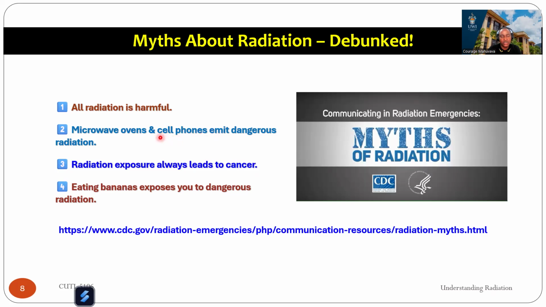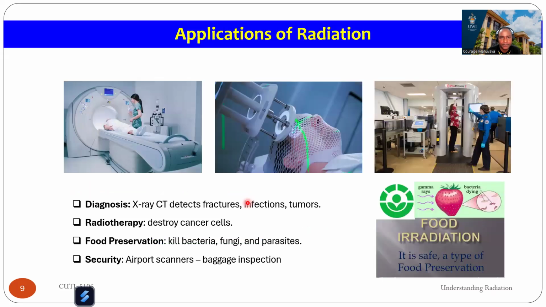Microwaves and cell phones actually emit non-ionizing radiation, which can generally be considered to be safe. And bananas are not dangerous in terms of the radiation contained within them. They do contain potassium-40, which is a naturally occurring radioactive isotope. However, the levels of radiation in bananas are extremely low and can be considered to be harmless.